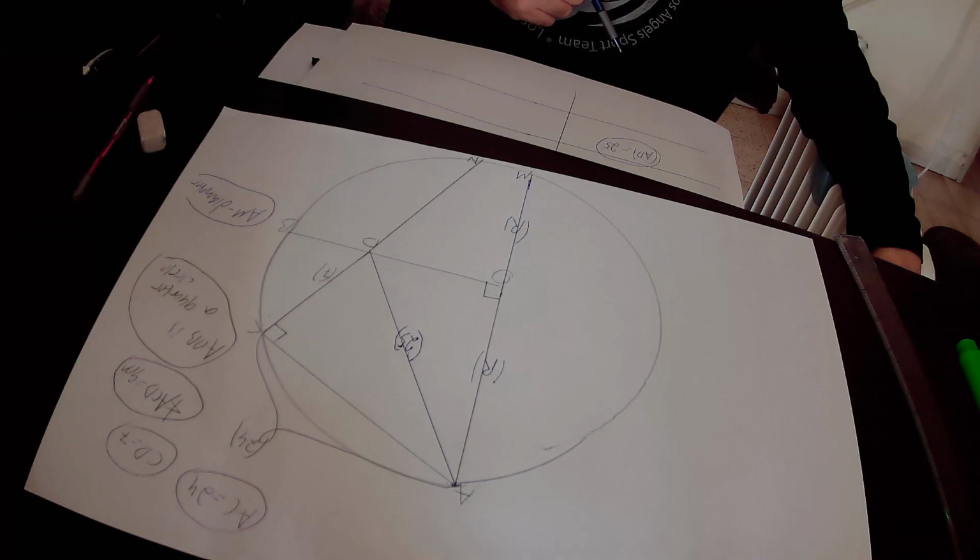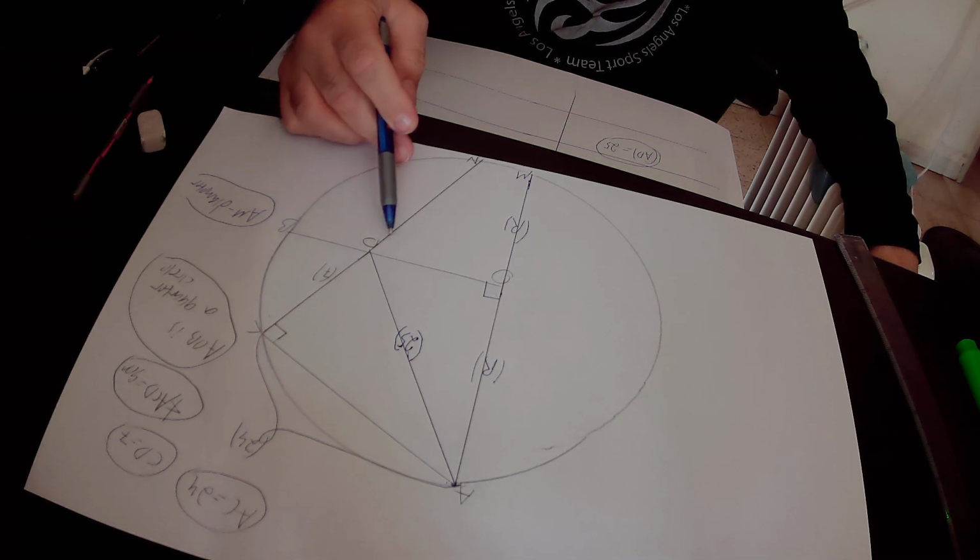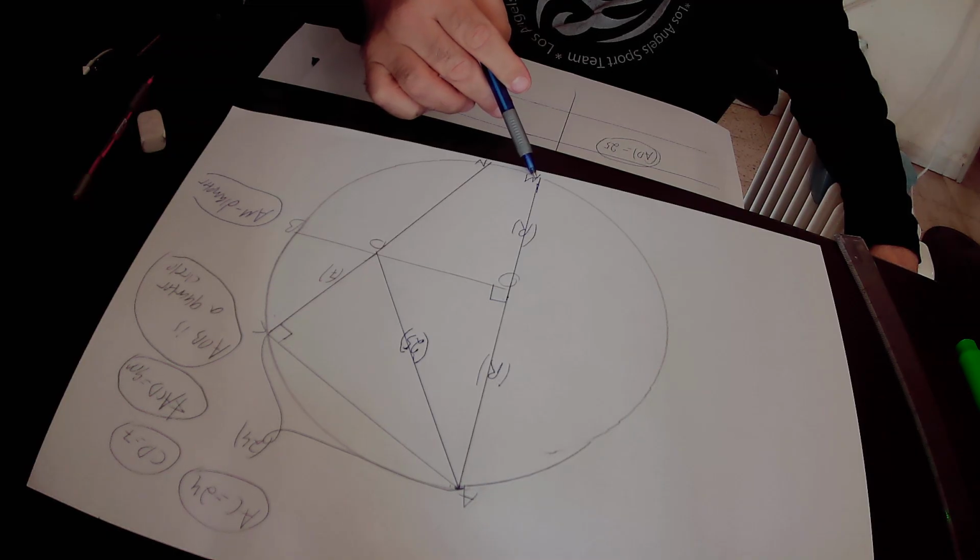So due to this contradiction, we must conclude that the extended CD will touch the circle at point M and only at point M and not in another point. Why?